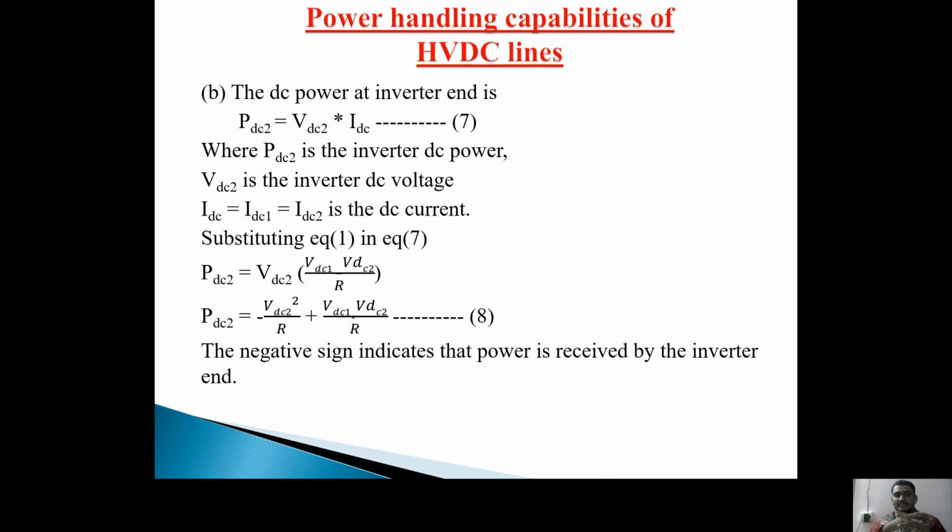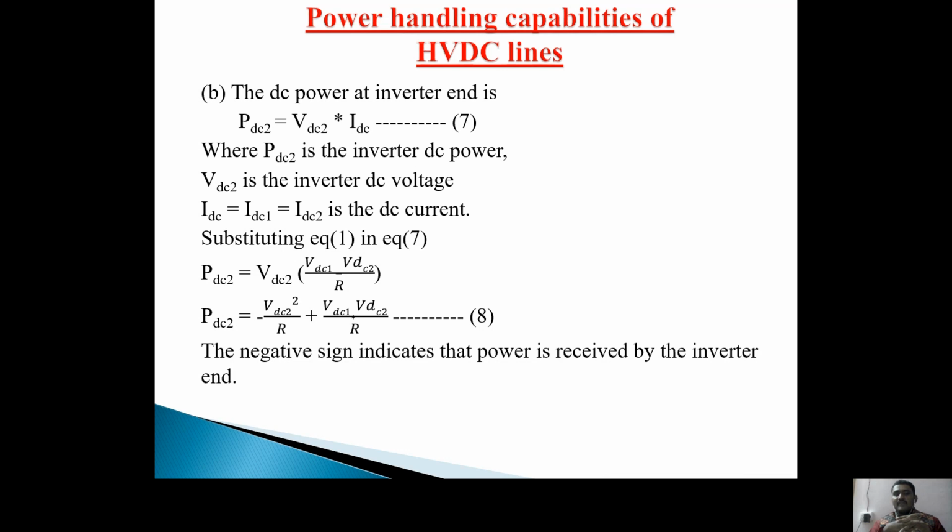Here also IDC is equal to IDC1, that is equal to IDC2, and substituting equation number 1 in equation number 7. Equation number 1 is IDC is equal to (VDC1 minus VDC2) by R, and equation number 7 is PDC2 is equal to VDC2 into IDC.